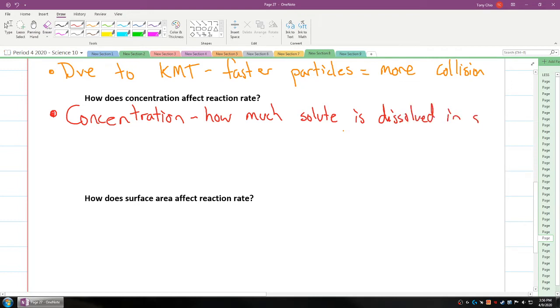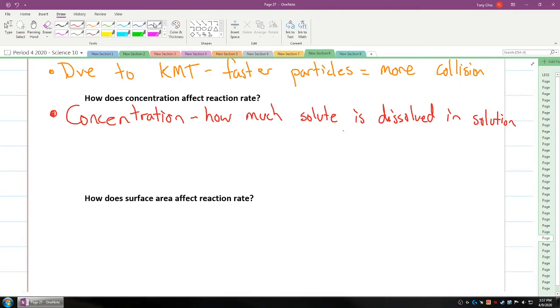So you can think of it as, if you have high concentration, it means you have a lot of something dissolved in a solution. Such as, for example, if you were making Gatorade or hot chocolate from powder, if you want to make it more concentrated, you're going to add more of that powder into the water.